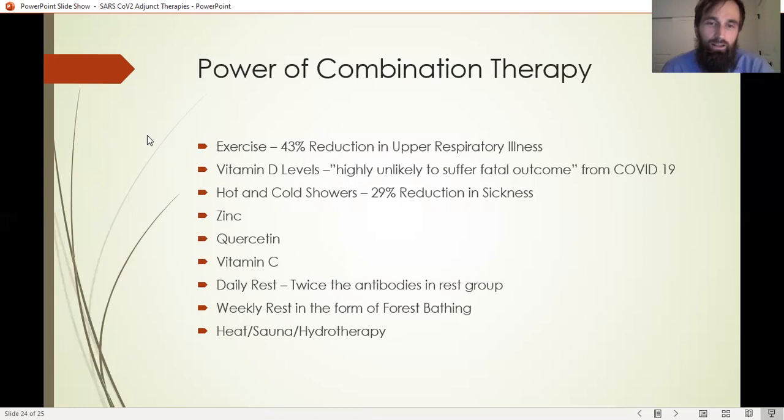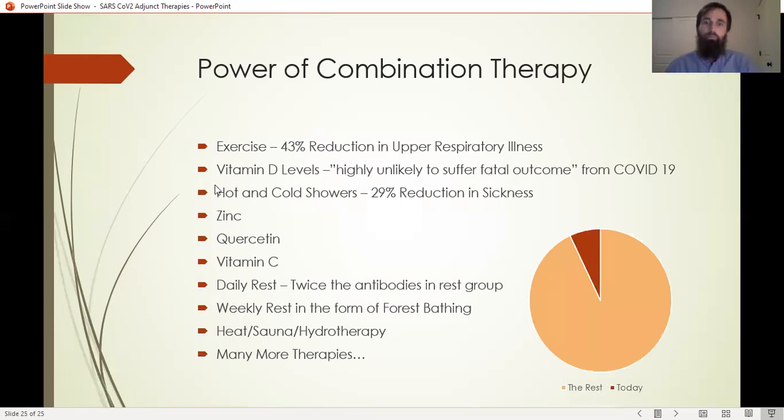Since I got COVID and have immunity now, I've done a few nursing house calls, actually educating people on these things and telling them the options that they have. I'm not telling them what to do. I'm not prescribing anything to them. I'm saying, look, these are things that science has shown to be effective and powerful. And if you want to stay out of the hospital, then you could think about doing as many of these as possible.